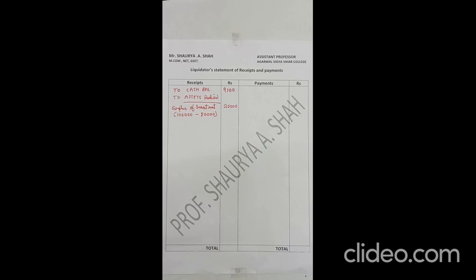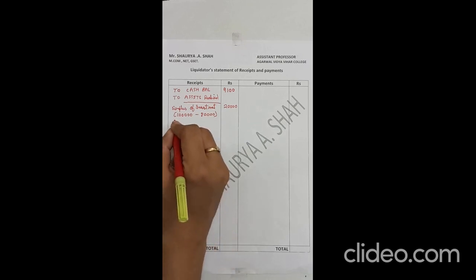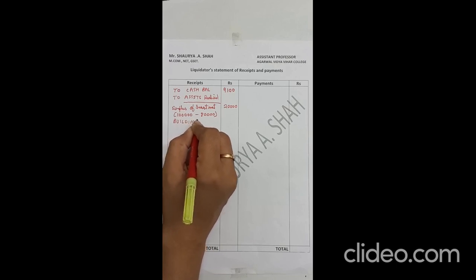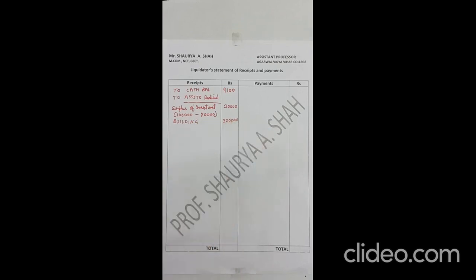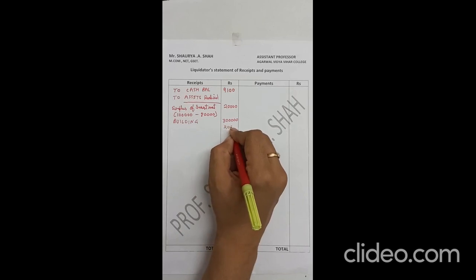After that, in your adjustment given, all the assets are given at a particular value, right? So what you need to do, students, 5 assets are given: building, furniture, machinery, stock and debtors. You need to write down all the assets in their respective value, right? So after your surplus of investment, I will write in sequence. The very first, as you can see, you have received rupees 3 lakh for building. Then you have received, students, 2,000 for furniture.